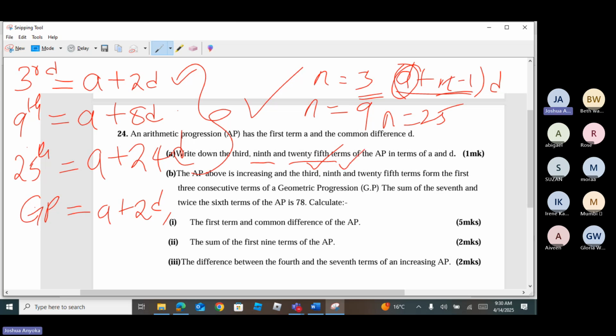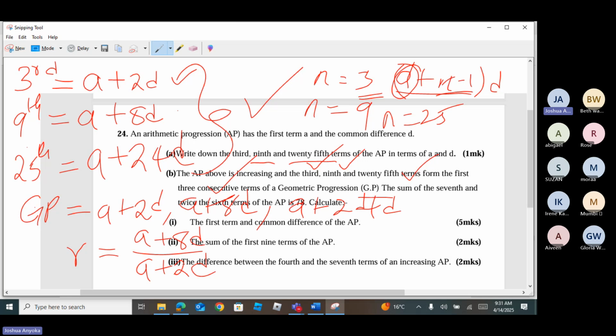The 9th, which is A plus 8D, forms another term. And the 25th, which is A plus 24D. They form 3 consecutive terms of a geometric progression. What do you know about 3 consecutive terms of a geometric progression? They give us a common ratio, R, where the common ratio is equal to A plus 8D over A plus 2D.